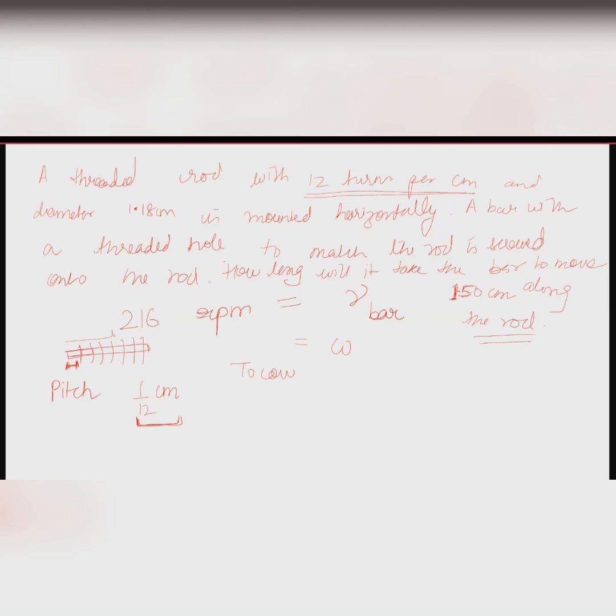So the number of turns would be the total distance divided by the distance moved in one turn, that is the pitch. Our total distance is 1.5 centimeter, our pitch is 1/12 of a centimeter. So I get 1.5 into 12 as the number of turns required to move by a distance of 1.5 centimeter.